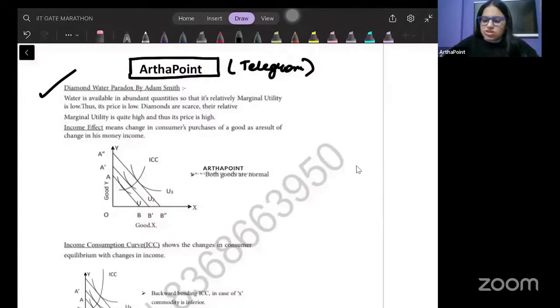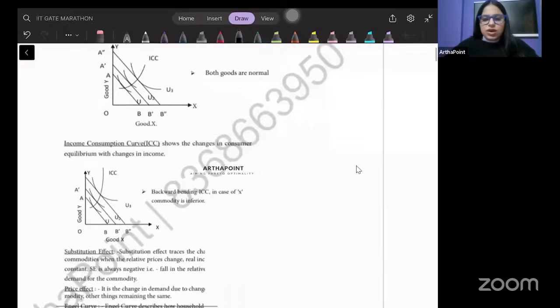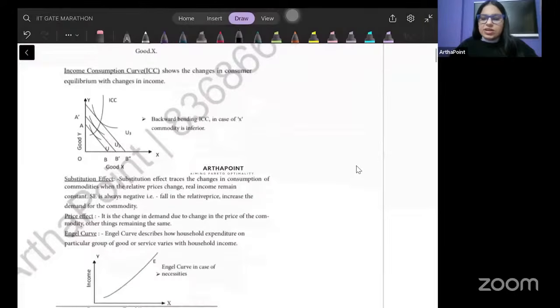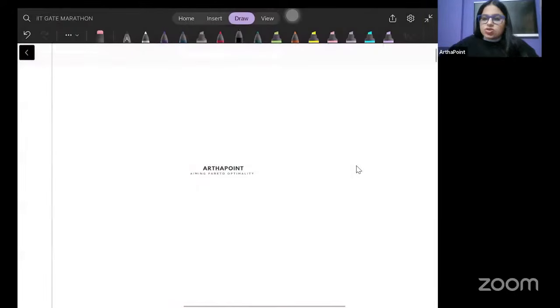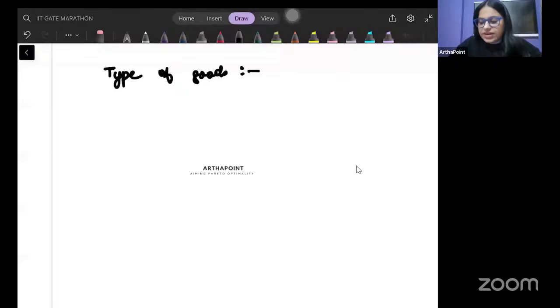Just read this through and I will come to ICC and Engel curve directly. Whenever we talk about the type of goods, we can divide them into three parts. There can be three types of goods.